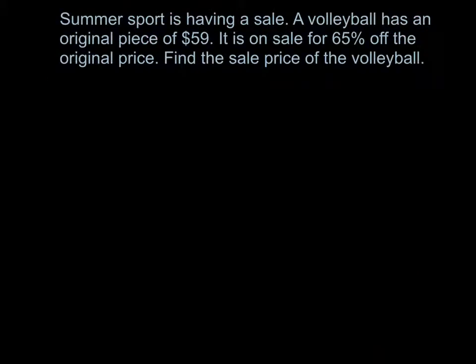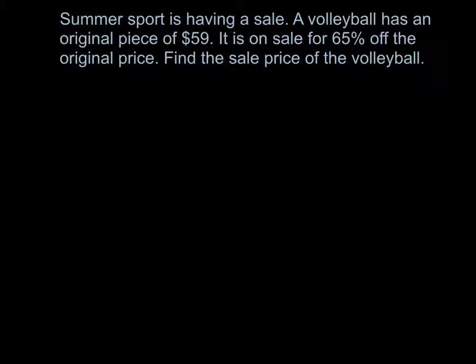The other way that you can do this same problem is to determine what percentage of the item you are actually paying. Since the item is discounted 65%, then that means that you're taking away 65%. So you're paying what's left.